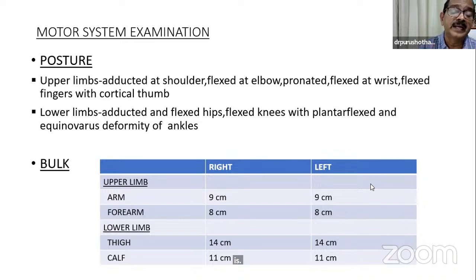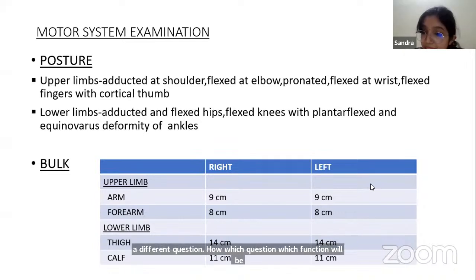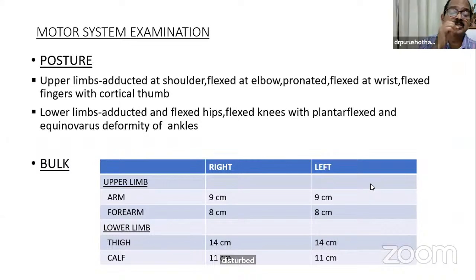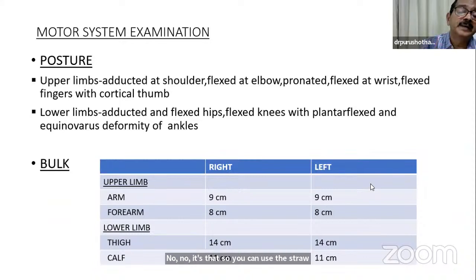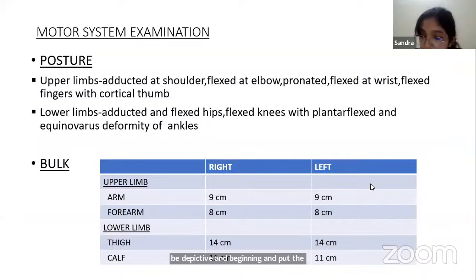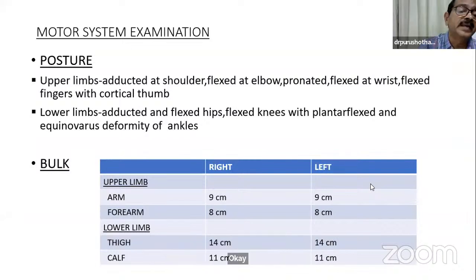Which function will be disturbed? You can use the straw, the sucking and blowing. So those are the few points which you can ask about the child. Using a straw, blowing, those will be defective, and food material going outside when you are chewing. So the subtle bilateral weakness, there won't be deviation. In this case, none of these things will be there. Okay.